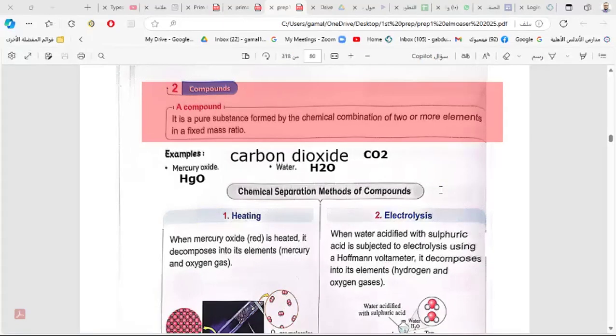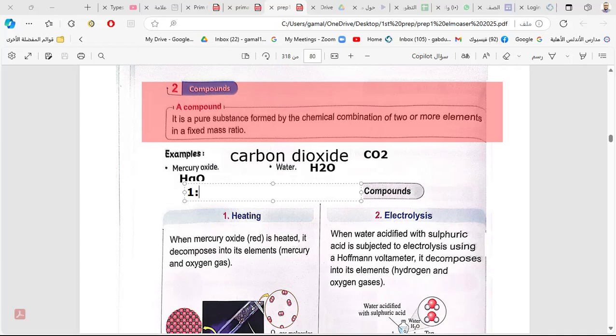What is the meaning of fixed mass ratio? We have here mercury and oxygen. What is the ratio between mercury and oxygen? HgO: 1 Hg and 1 O. The ratio is 1 to 1.